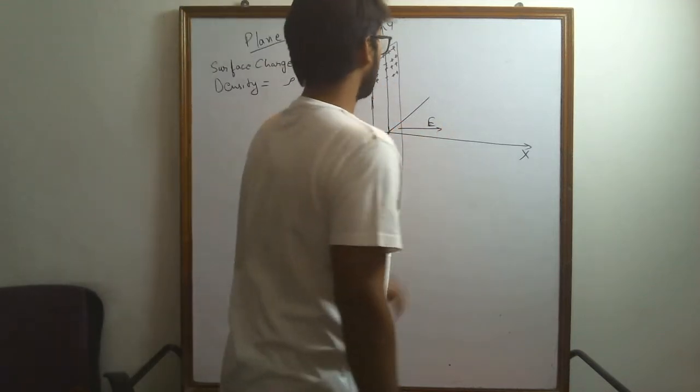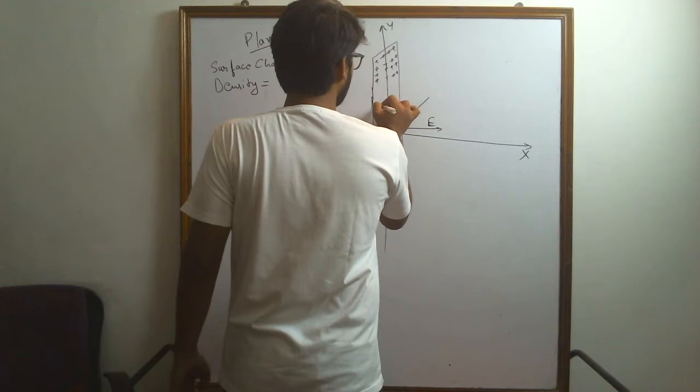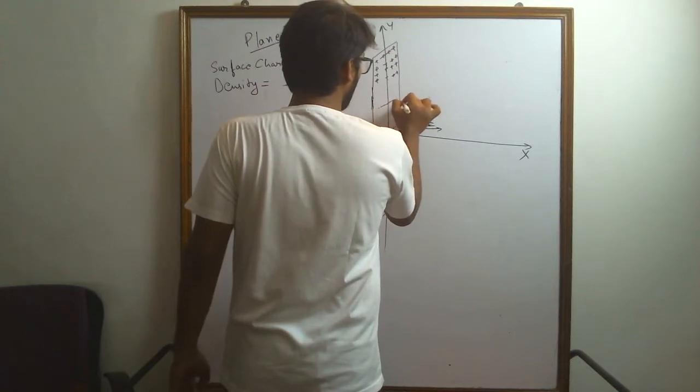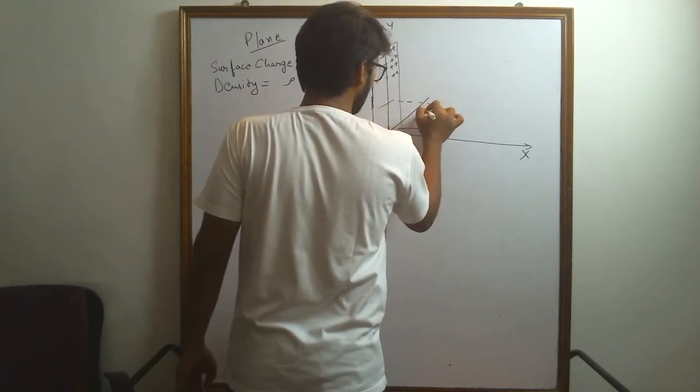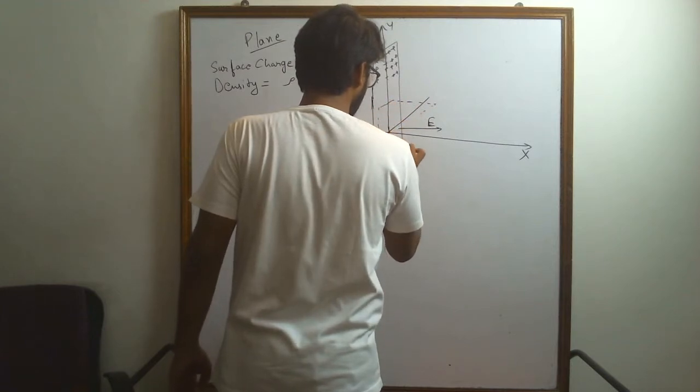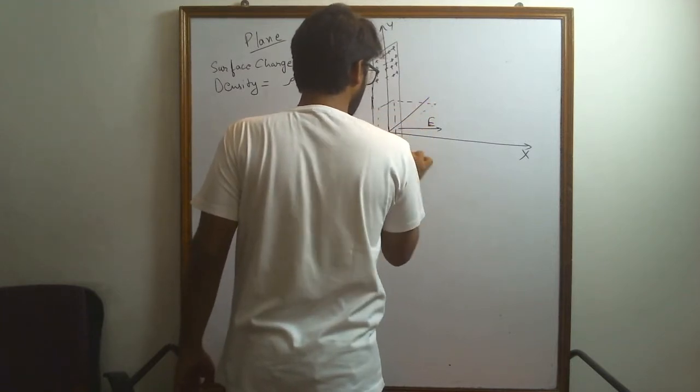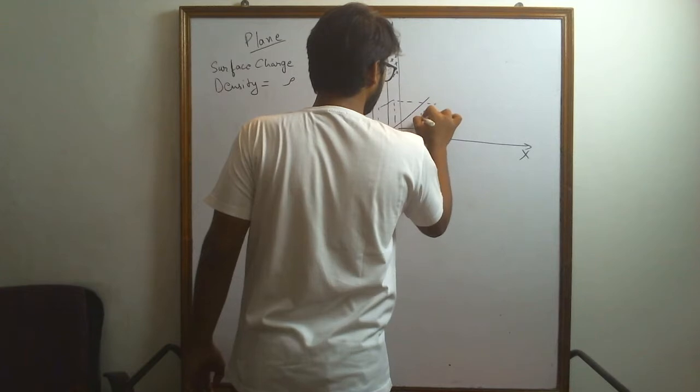Now when the electric field is only this way, then I can take a Gaussian surface. I'm making a cuboid.